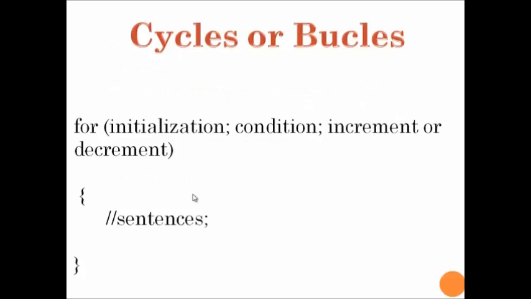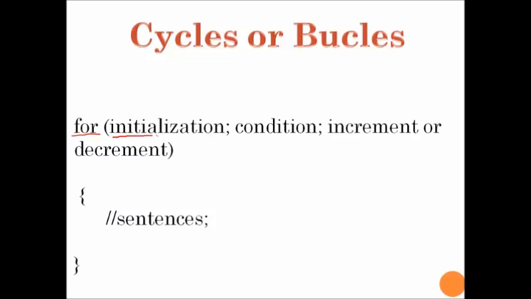To talk about the cycle for, we have to know the parts to establish the instruction of that. For example, we write the word for, then into parentheses it has 3 statements.